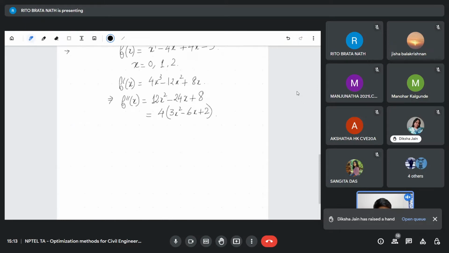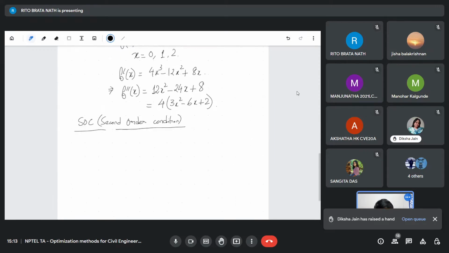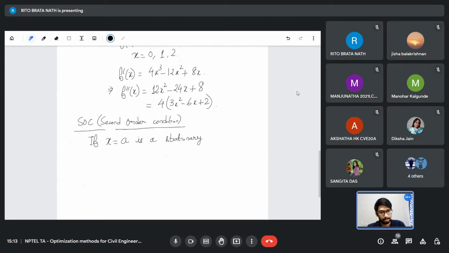Now the second order condition says: if x equals a is a stationary point, then if f double prime a is greater than 0, then a is a minimum point. If f double prime a is less than 0, then a is a maximum point.